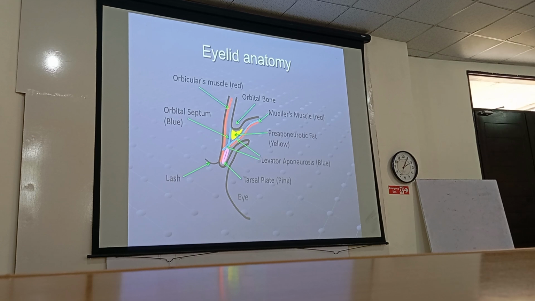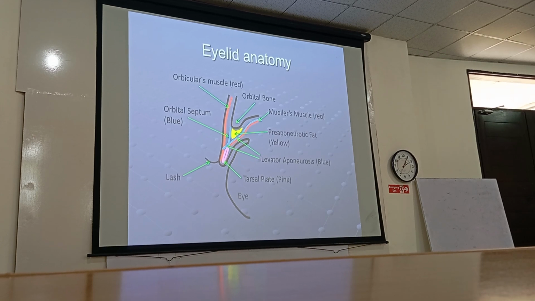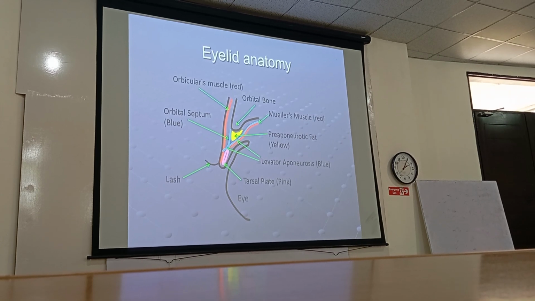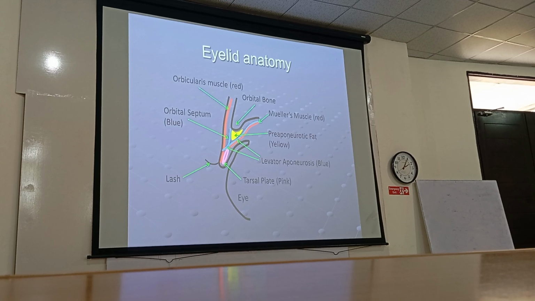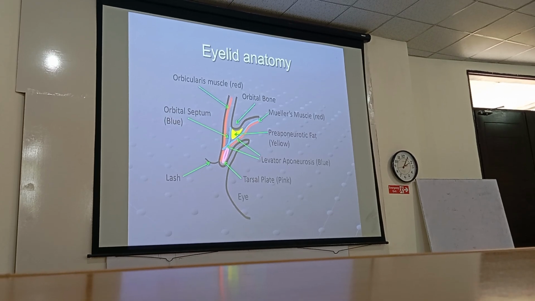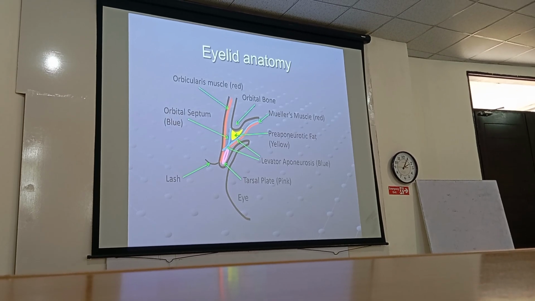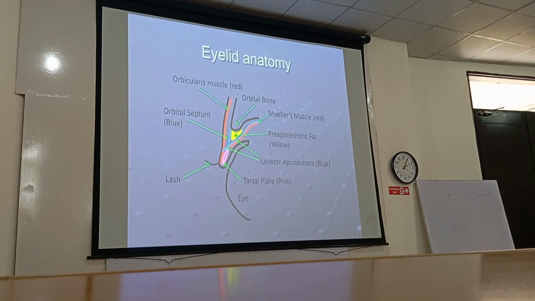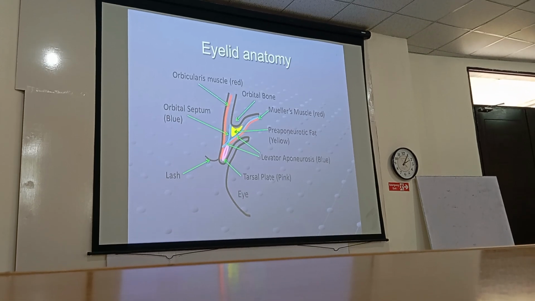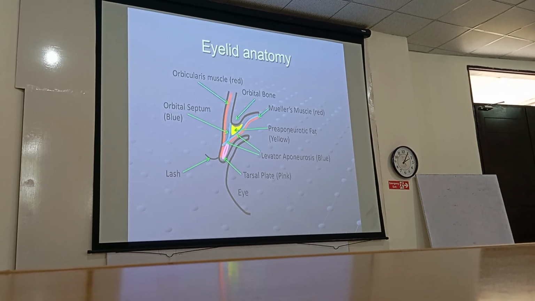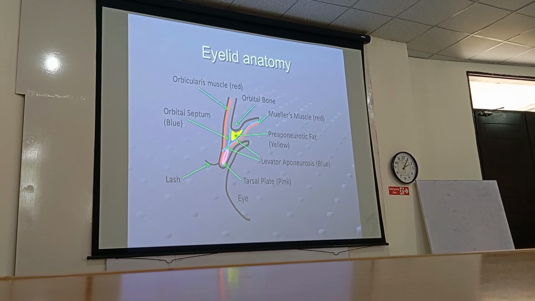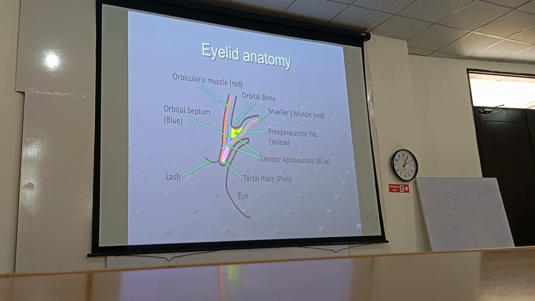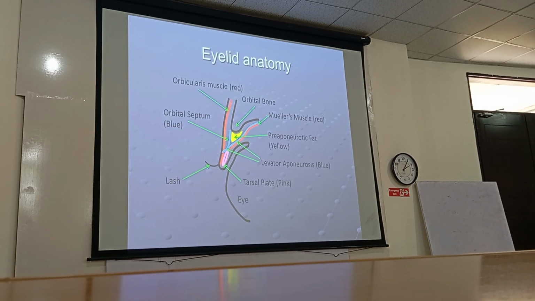All the 5 layers are present in both the upper and the lower eyelid, except the levator muscle, which is only present in the upper eyelid. The fourth layer is the tarsal plate, and the fifth and innermost layer is the conjunctiva. So these are the 5 layers of the eyelid.